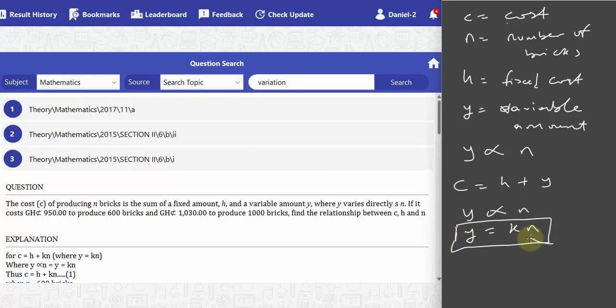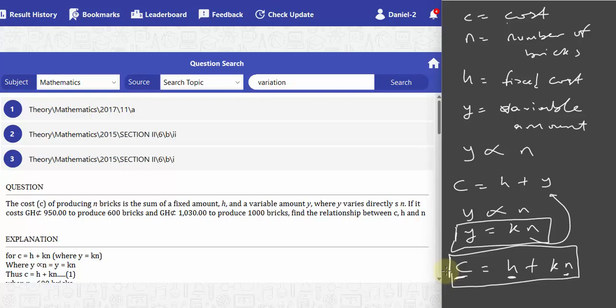But then we can substitute this value into the sum, so we can express C in terms of n as C equals H plus Kn. So what this means is C is partly constant and C varies with n. This is the formula connecting the number of bricks and the cost of making the n bricks.